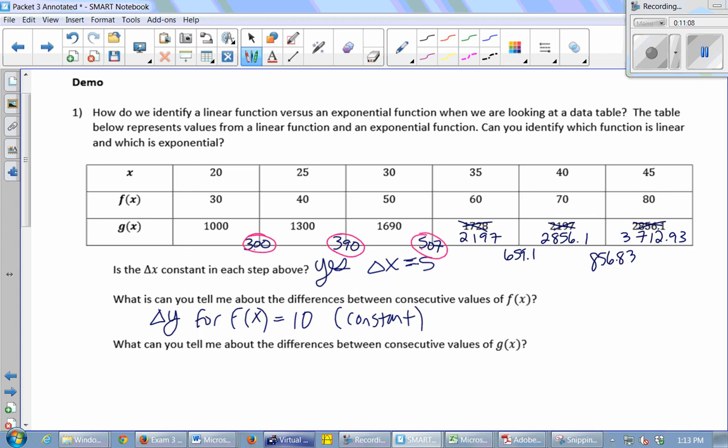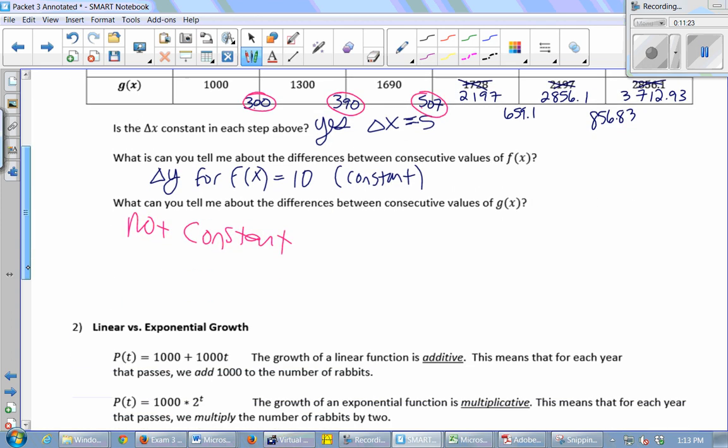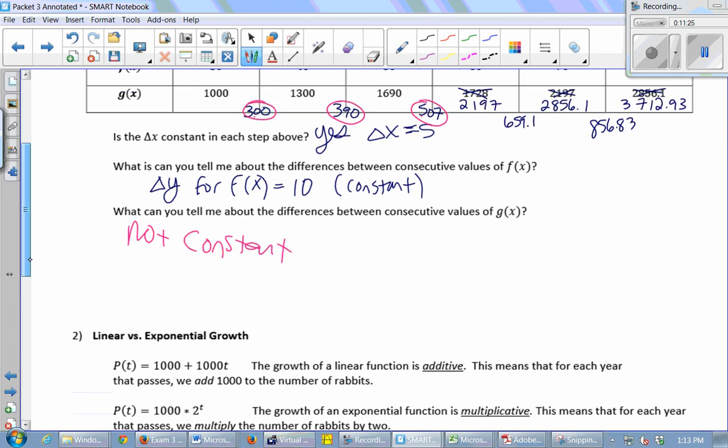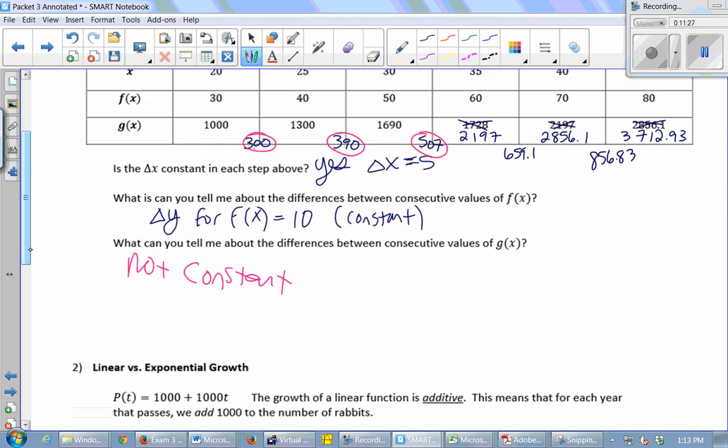They're not just not the same, but they're increasing. So that would indicate that this is exponential growth. So f has to be linear, g has to be exponential.